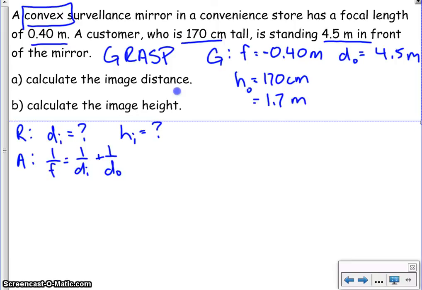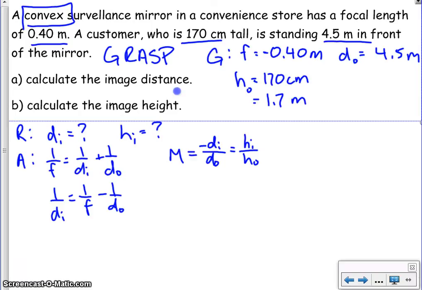That will help us figure out di. Remember from before, 1 over di equals 1 over f minus 1 over do. And remember, magnification equals negative di over do, but it also equals hi over ho. We're going to use that to solve for what hi equals.